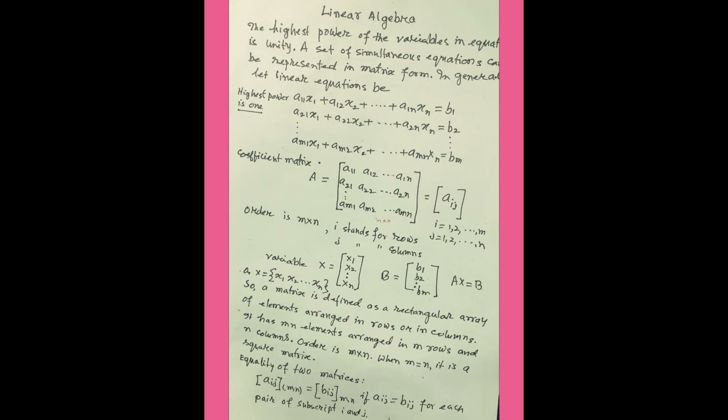Suppose a11 is equal to b11: the element in the first row, first column, and the element in the first row, first column of matrix B. So if they are equal, element by element, then we say the matrices are equal.